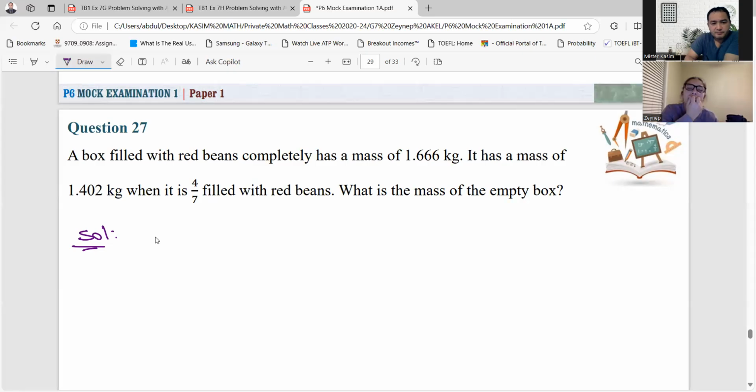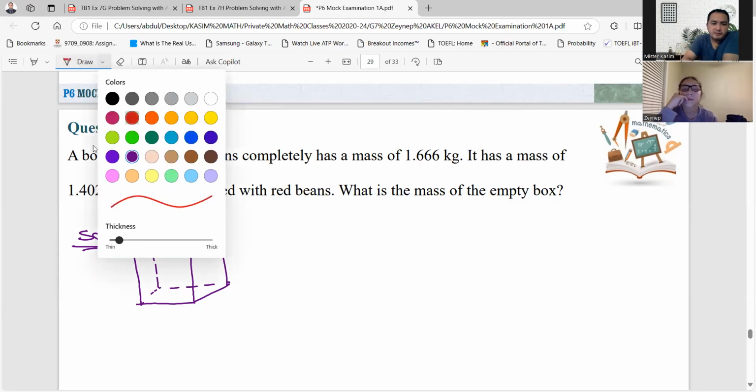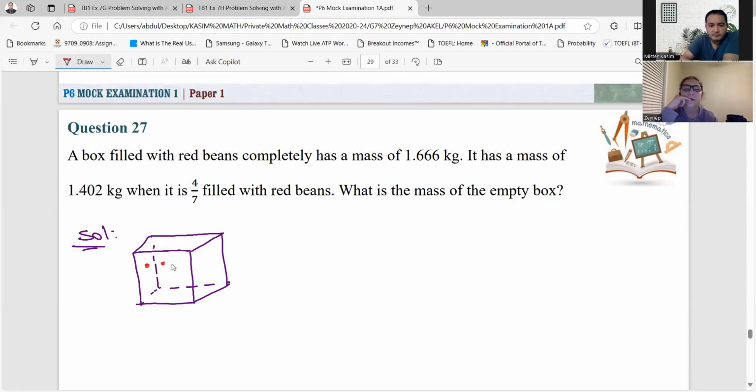Now we have a box, right? Again, we are talking about a box. This is a box. And also inside we have beans, right?